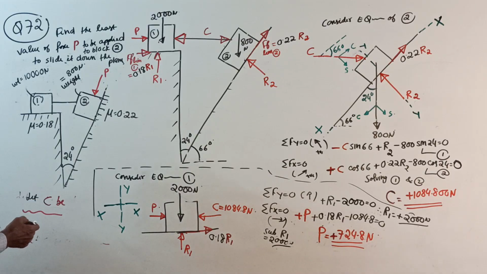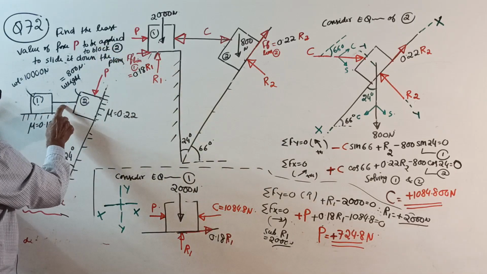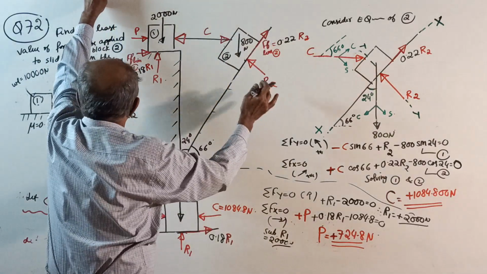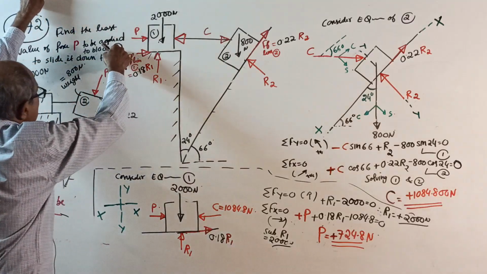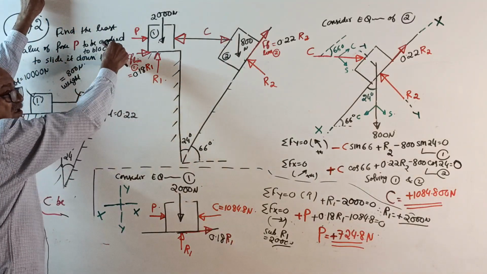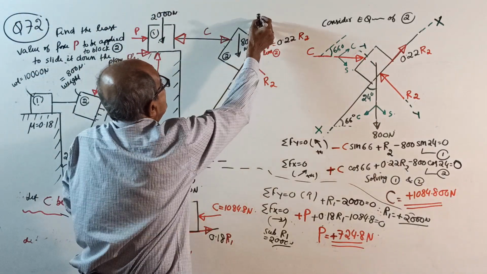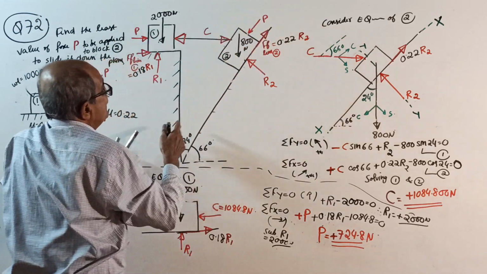As usual, let C be the force in the connecting member, compression. Again, when you apply force this way, this will be in compression. Now, free body of block 2. As you apply the force P here, this is going to slide down, so friction is up. Your P is here, along the plane.